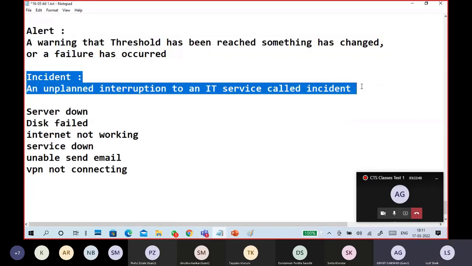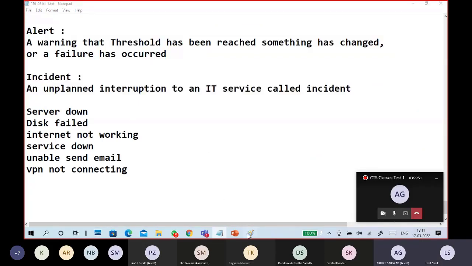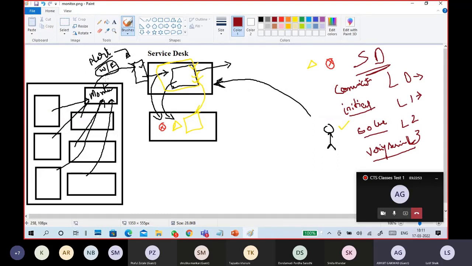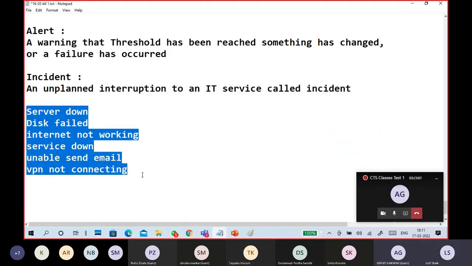Next terminology is incident. What is an incident? It can be a complaint from the user, or it may be generated from the monitoring system or an event system. Here it is: service down, disk failure, internet not working, unable to send emails, VPN not connecting, like this.